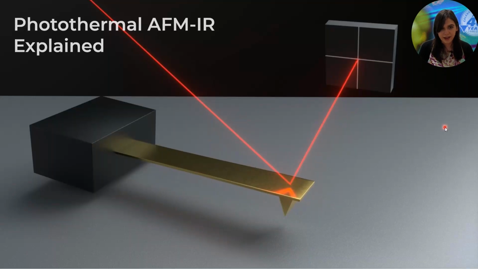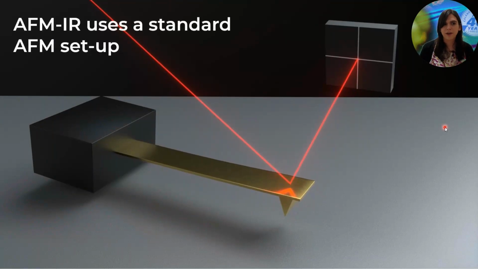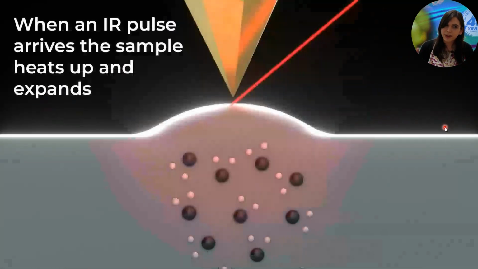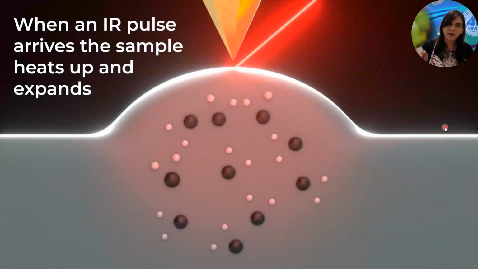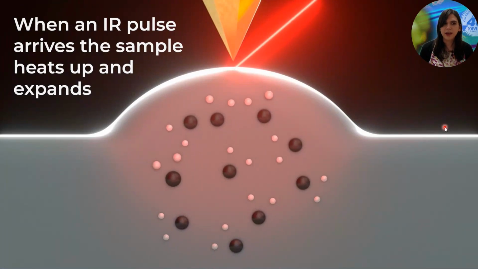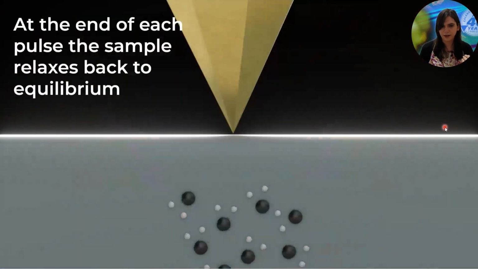So with that said, photothermal AFM-IR works fundamentally by using a standard AFM setup. We then couple in an infrared light source, which we pulse on the sample surface. If the sample absorbs at that frequency, it will take in that energy, release it as heat, and thermally expand.